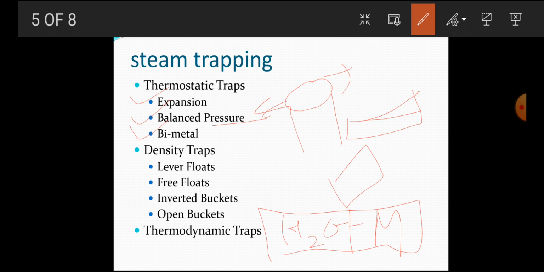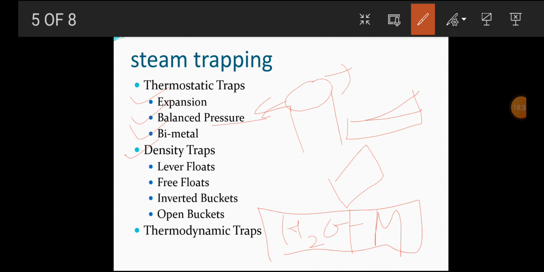Then next are density traps. These are designed to open for more dense fluids and close for less dense fluids. So density traps work on the principle of density.